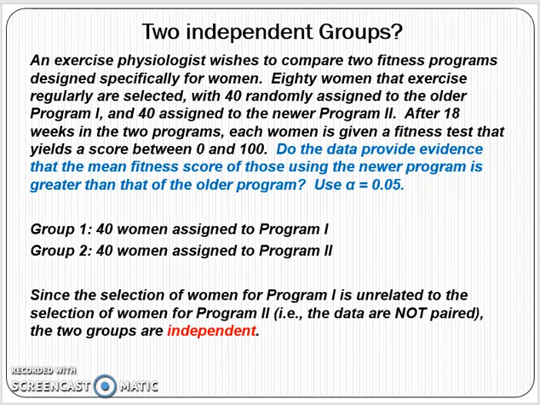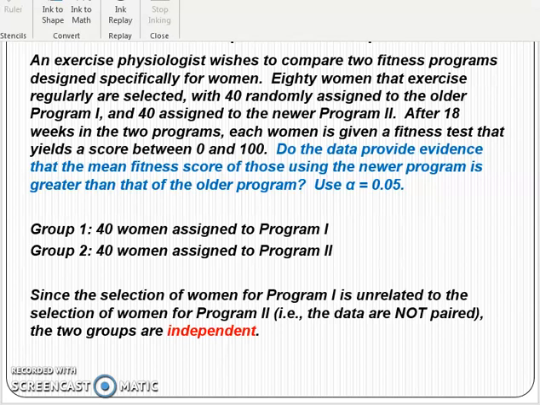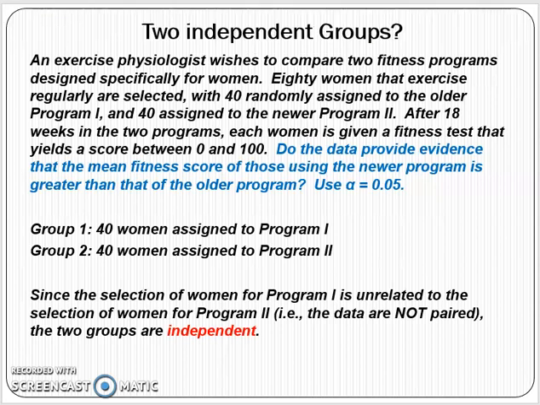The first step in any problem when you see a two sample problem like this is just to make sense of the groups. Group 1 are the 40 women assigned to program 1. Group 2 are the 40 women assigned to program 2. Are these independent or dependent? That's the first question you should ask.